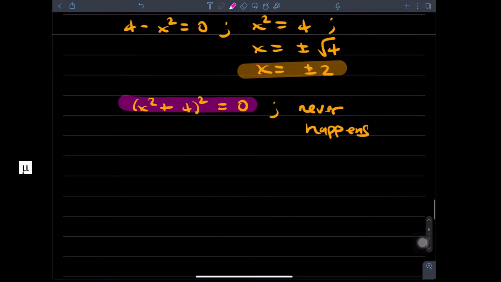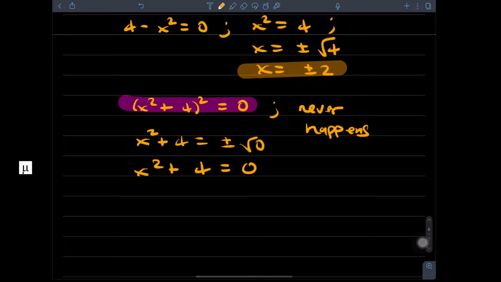Okay, now you might say, well, how do I know? Well, this means x squared plus 4 equals 0, which means x squared is negative 4. We're not talking about complex numbers.